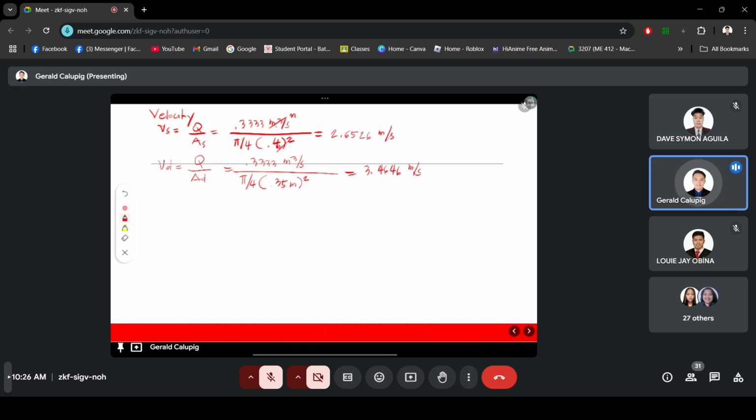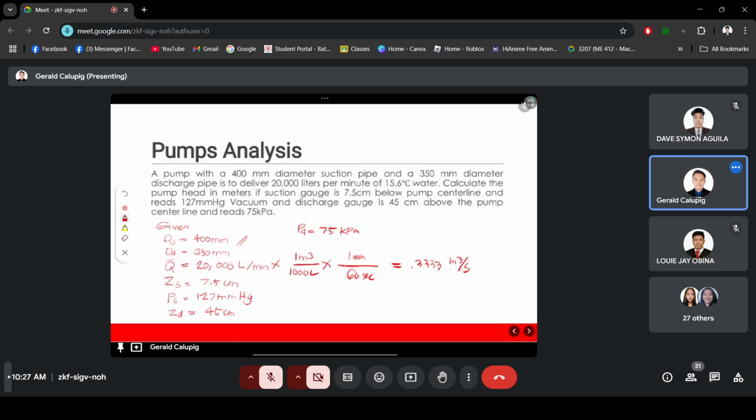Next, since we already have our VD and VS, we can substitute that to our formula of total dynamic head. We can have PD minus PS over the specific weight plus VD squared minus VS squared over 2G plus ZD minus ZS. We can have the value of HP is equal to what? We have here the value of PD, the pressure is 75 kPa.